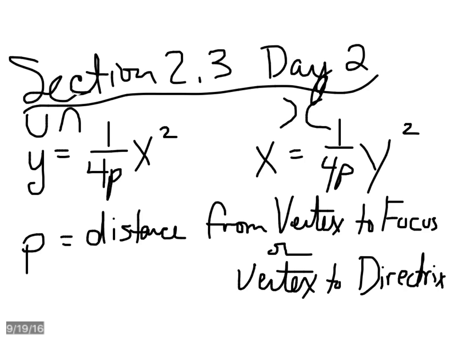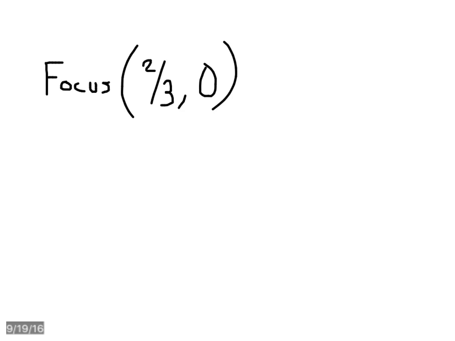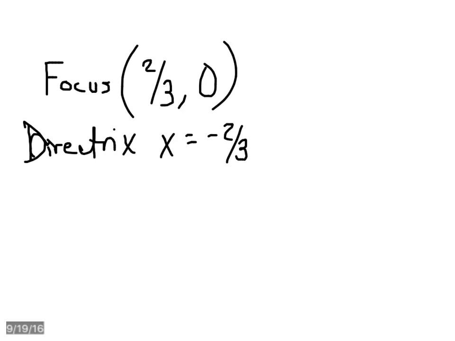On a problem that looks like this, sometimes they'll give you a picture and sometimes they will give you just information. If it tells me that the focus is the ordered pair 2/3, 0, and the directrix is x equals negative 2/3. Now, one of the things that I like to do is draw a picture if it does not have one. Why do I do that? Just because I like to have a visual with it.